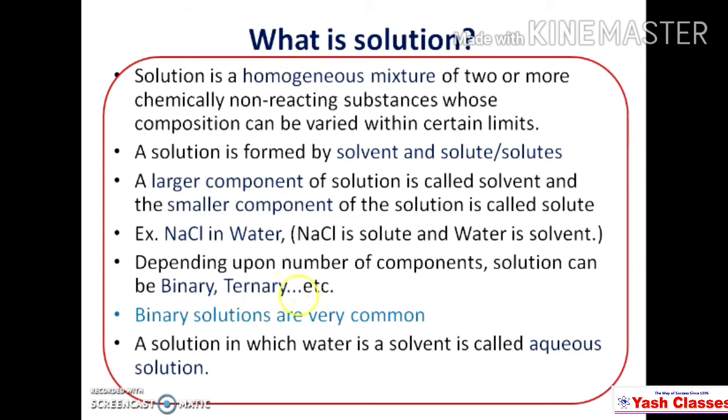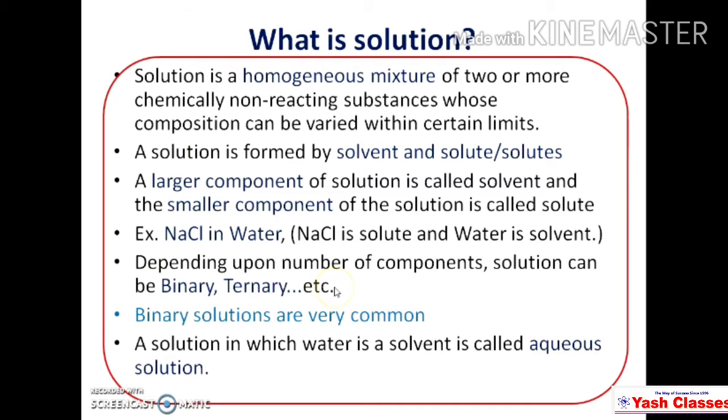Sodium chloride and sugar, their quantities are less, and therefore both of these are solutes. And as the solution contains three components, it is a ternary solution. So a mixture of sugar, sodium chloride and water, a mixture of these three components, is a ternary solution.